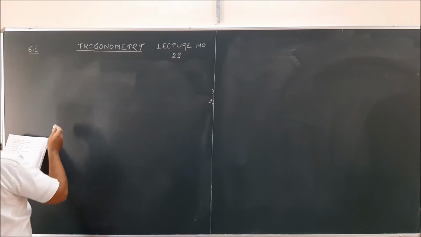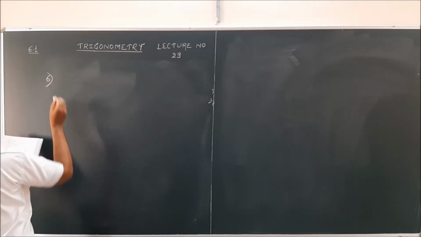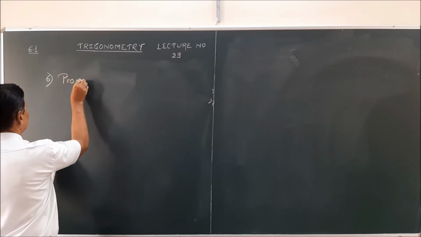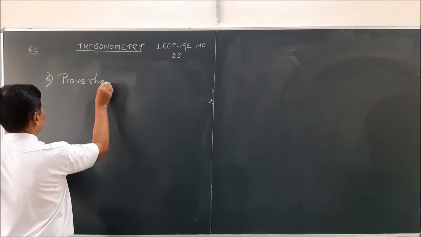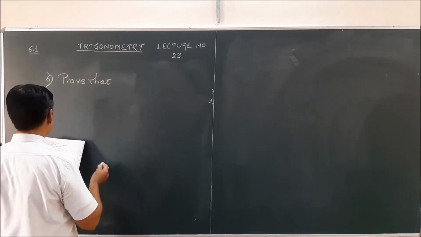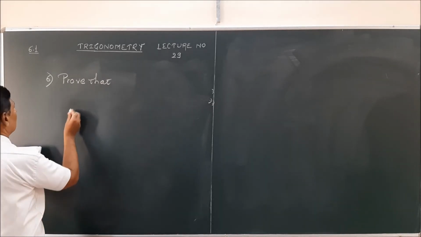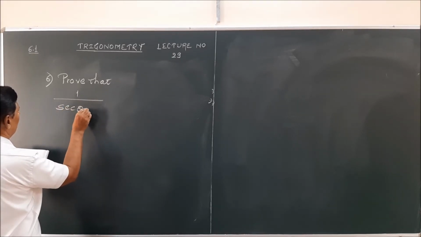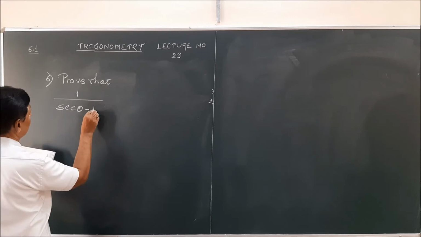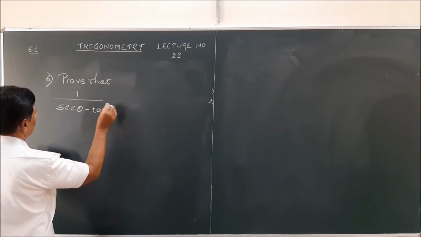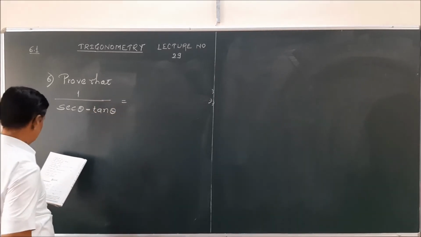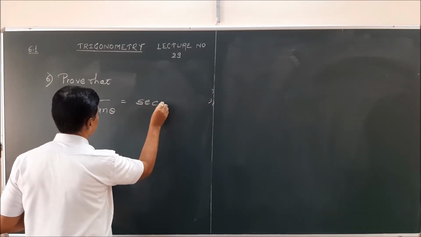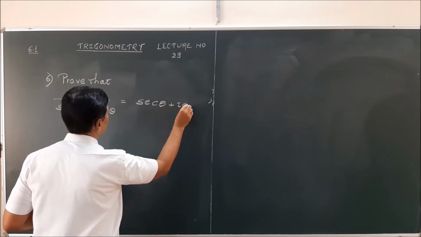Sixth one, prove that 1 upon sec theta minus tan theta is equal to sec theta plus tan theta.